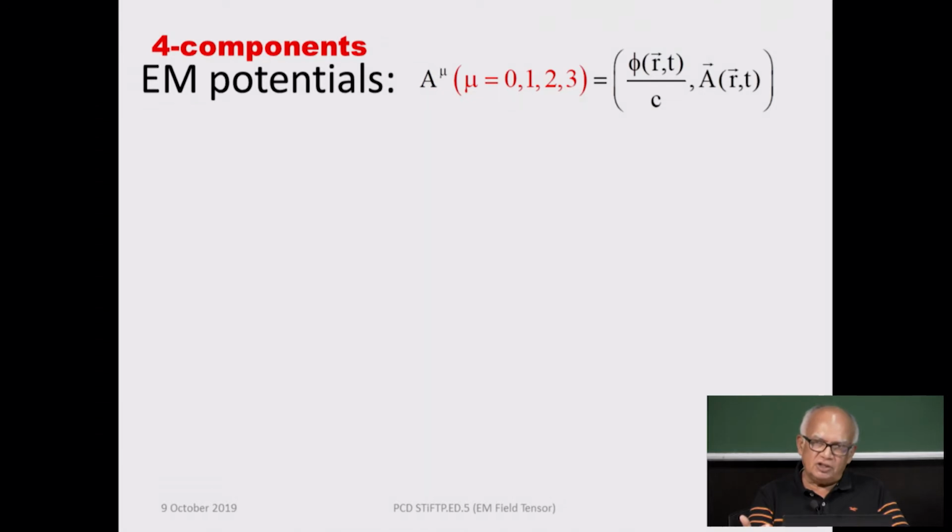We discussed the choices of gauges in our previous classes on electrodynamics, and you have a vector potential A and a scalar potential phi.